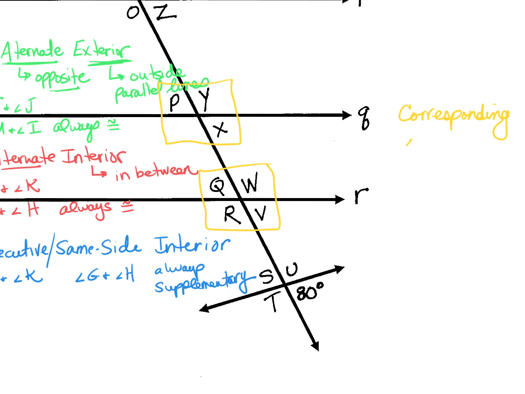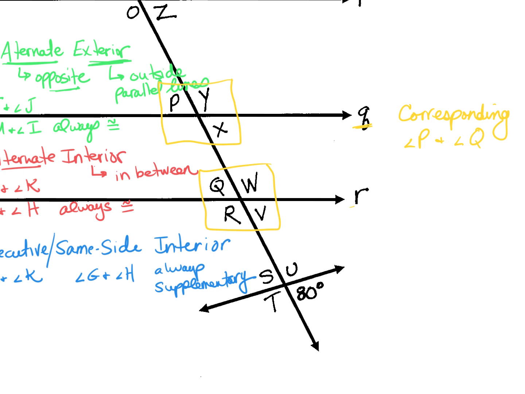Angle P is in the upper left-hand corner of my box on line q, and angle Q on line R is also in the upper left-hand corner of this particular intersection.